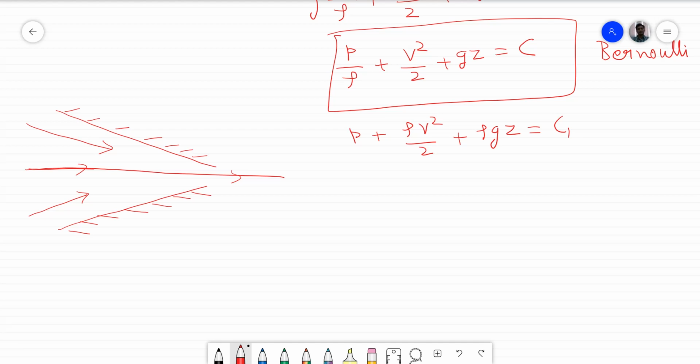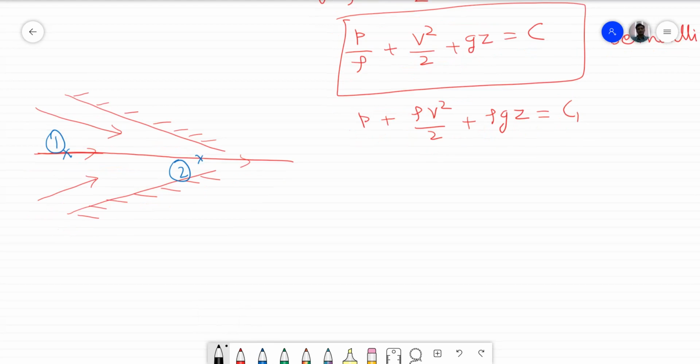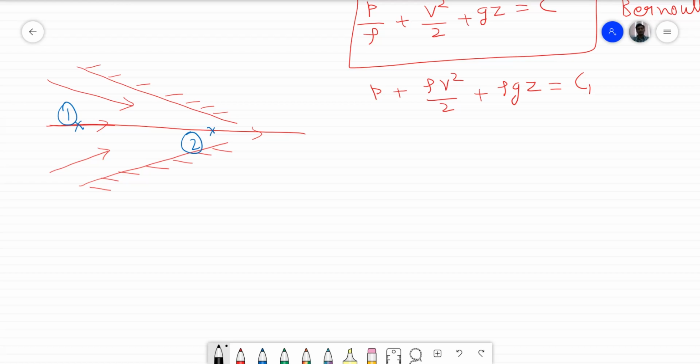And let us consider 2 points here, 1 and 2. Now from the continuity equation, we know that, what will be the relationship between the velocities at point 1 and 2?